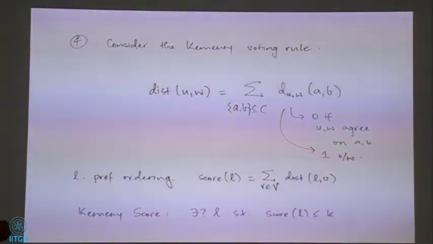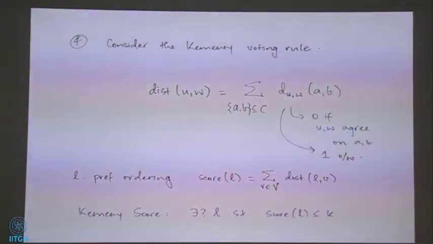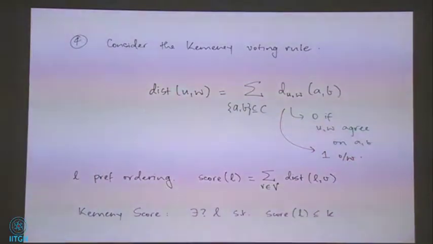Okay, so we're back to this notion of distances, but now instead of saying that I'll only look at the worst distance, I'm looking at the sum of the distances. And since we are dealing not with approval ballots but rankings, our notion of distance has changed a little bit. It's not Hamming distance, but it's the swap distance.